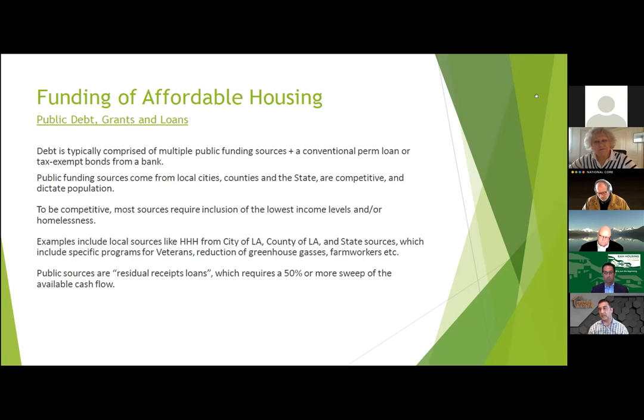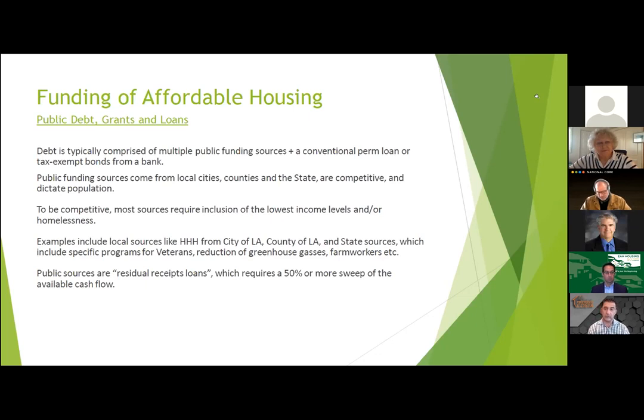State sources, typically from HCD, Housing and Community Development, as well as CalAIM, are two very important sources that we focus on. And these programs cover veterans, have specific requirements for design, and cover different populations.